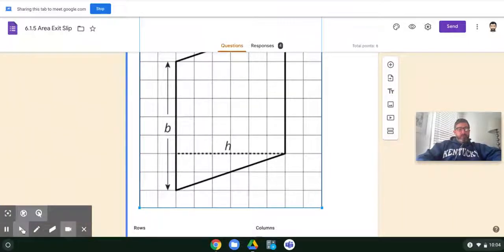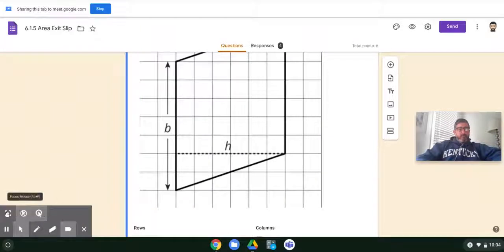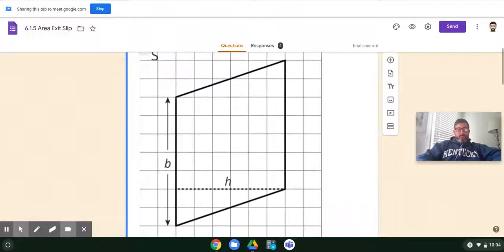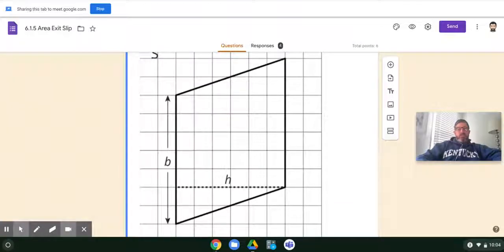It's this. 1, 2, 3, 7. That is correct. All right. What about the height here? 6. That's right.